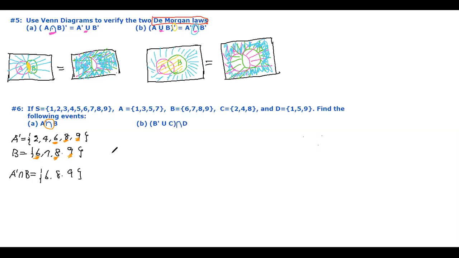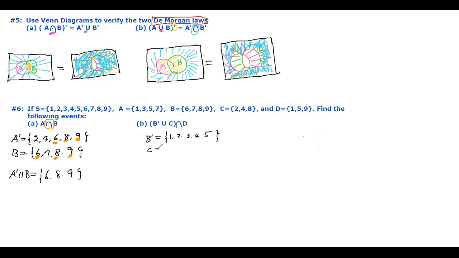Okay, now the next one is B complement union C. Let's write out B complement first. B complement is everything in the sample space but not in B. So you look at the sample space: it's 1, 2, 3, 4, 5. Correct? That's B complement. 6, 7, 8, 9 is in B, so I cannot include it.